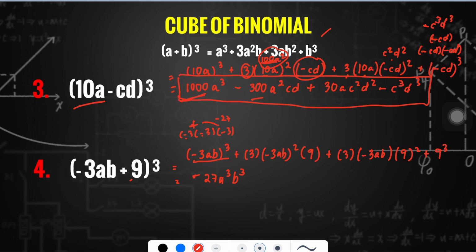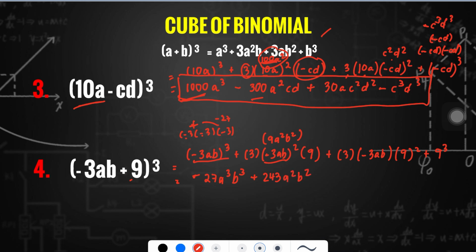And then we have 3 times, what's the square of this one? Negative 3 squared is positive 9a squared b squared. So 3 times 9 times 9. I'll use the calculator. That's 243. Positive 243a squared b squared.